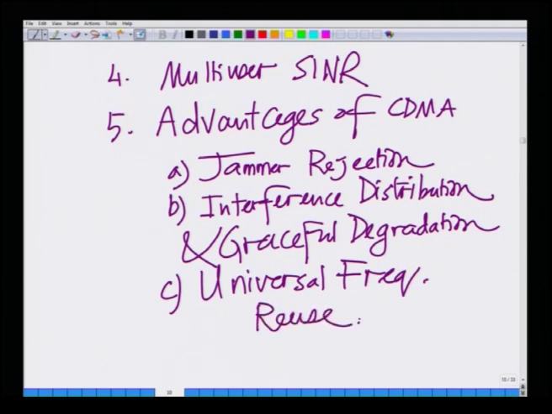We have seen that because of universal frequency reuse, every CDMA frequency band can be used in every cell, thereby greatly enhancing the capacity of a CDMA system. Hence, CDMA leads to universal frequency reuse.